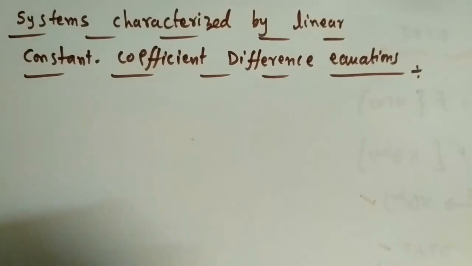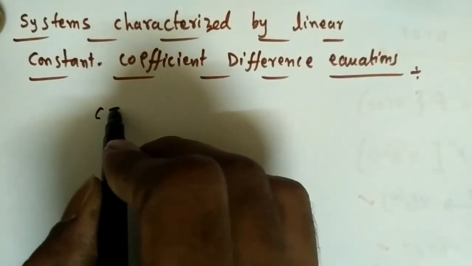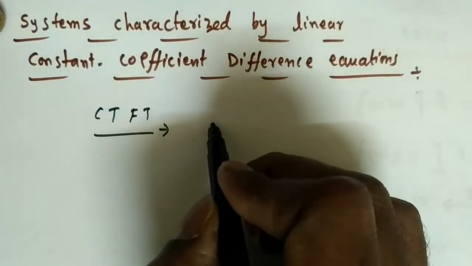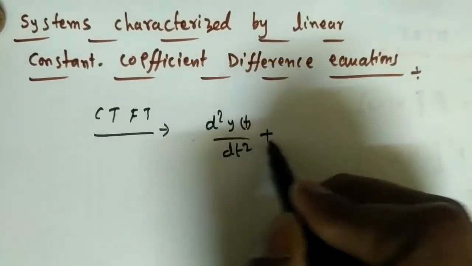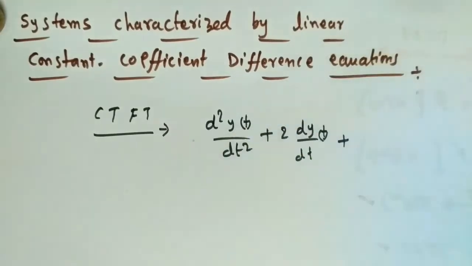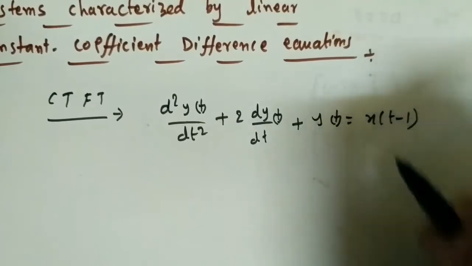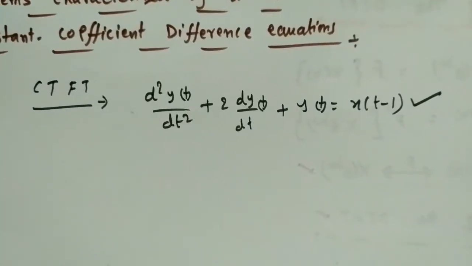Next we will discuss the systems which are characterized by linear constant coefficient difference equations. Now in continuous time Fourier transform we have seen differential equations, that is some d square y of t by dt square plus 2 dy by dt plus y of t is equal to some x of t minus 1, etc. So in continuous time we say it's a differential equation.